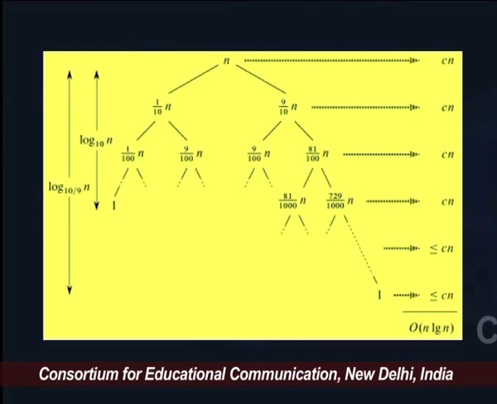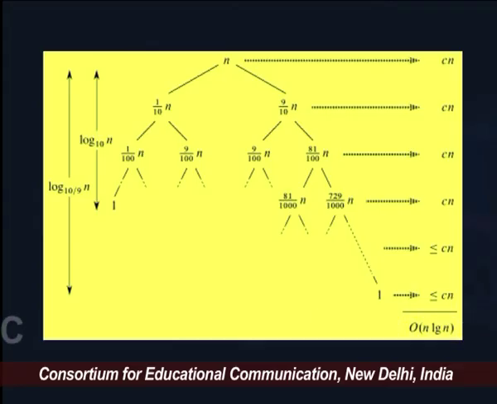Let us see that. If you look at the recursion tree of this kind of highly unbalanced partitioning, we have 1 by 10 n on one side and 9 by 10 n on the other side, and then this kind of partitioning continues in the recursive steps. So, 1 by 10 n is again partitioned into 1 by 100 n and 9 by 100 n.